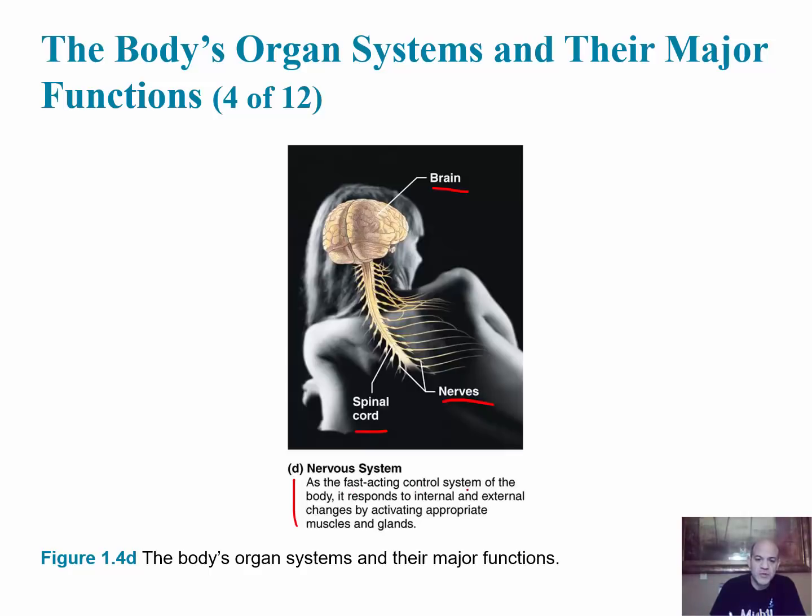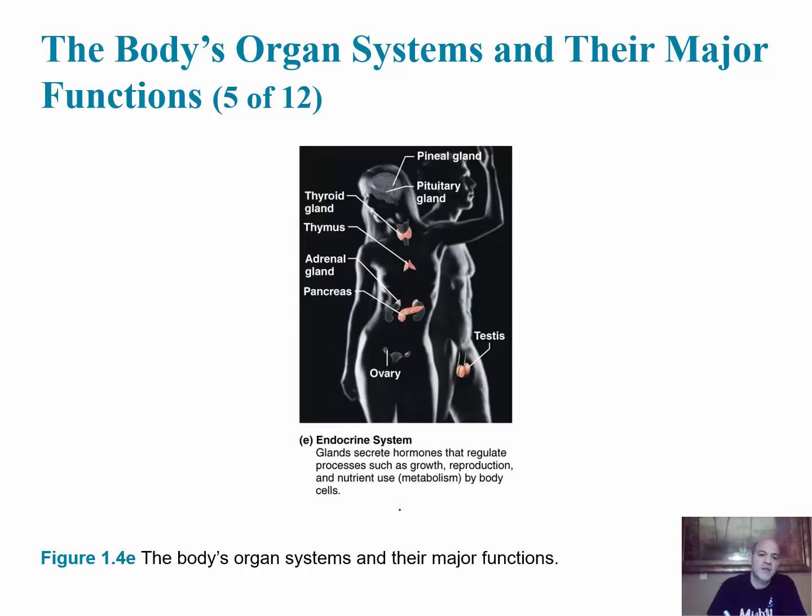So it's the fast-acting control system of the body. The system responds to internal and external changes, which we might refer to as stimulus or stimuli. The nervous system will provide a response, and the response might be to act on either muscles and get them to contract, or on glands to get the glands to release hormones.